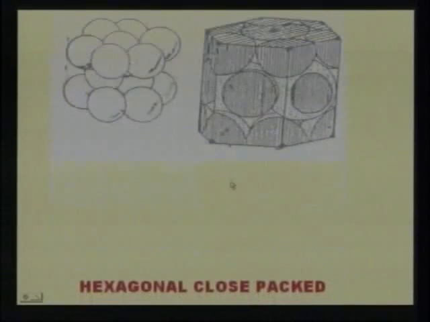Now let us see the effective number of atoms in the hexagonal close packed structure. Here you see the diagram, these are all the atoms 1, 2, 3, 4, 5, 6.